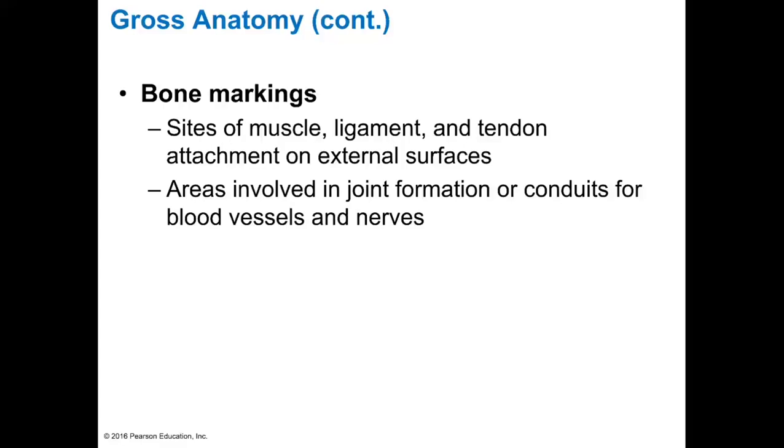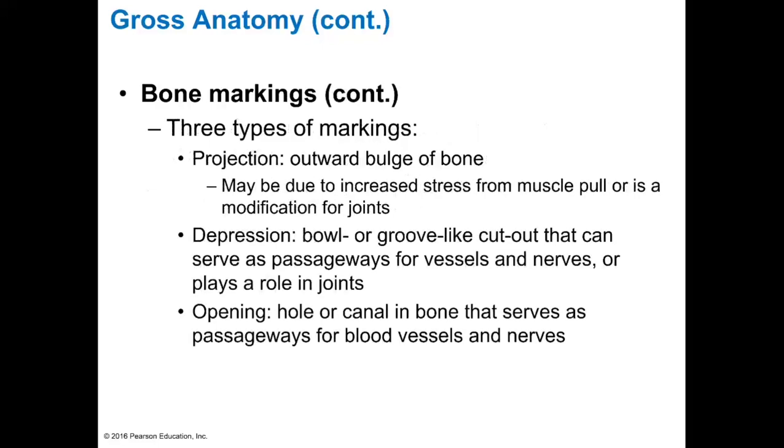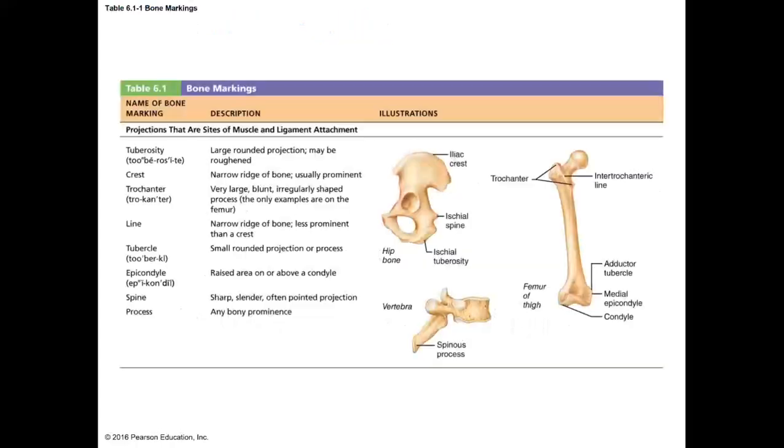And you might see little grooves. These all have different names, like fossas and foramen and processes. You're just going to have to look at the list because there's quite a long list. Tuberosity is an outpouching. There's a radial tuberosity where the bicep is attaching. A crest is like a raised area.